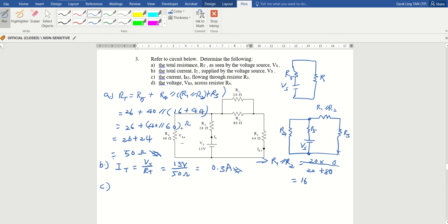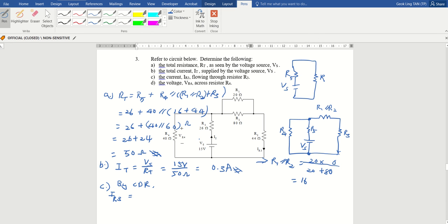By CDR, IR3 will be equals to IR4, which is on this side here, on the right. Current divider rule is applicable to parallel circuits, when you want to find a current in a loop when you know the total current.